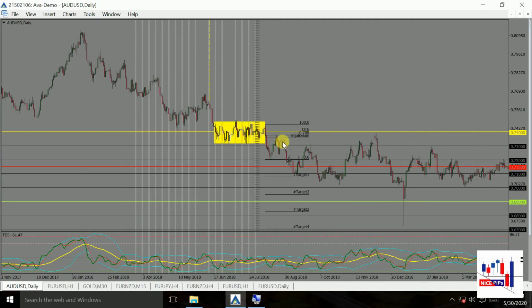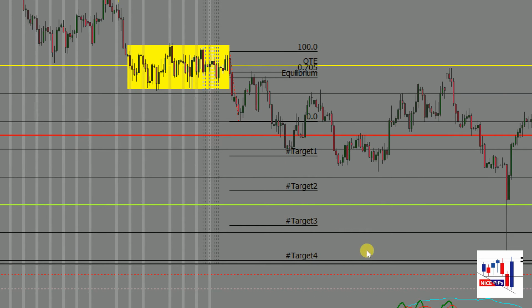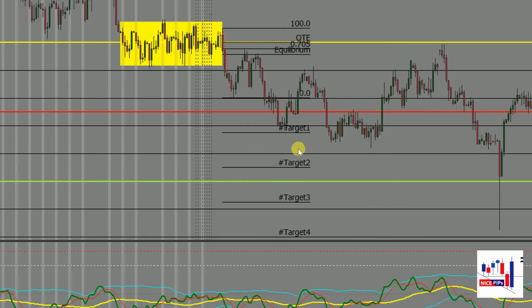Now it retraced again. Now my sell starts moving to my target number 1. Your fib has it all, right? The ICT fib has it all. It's not like the fib has the magic, but it's not Fibonacci trading, as Michael always says it. It's not Fibonacci trading, actually.